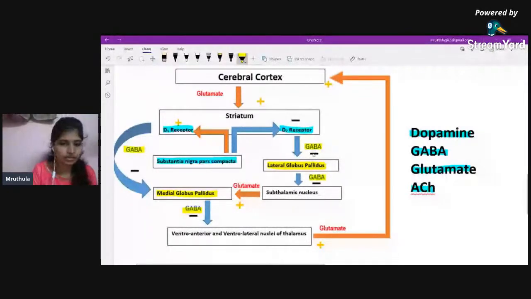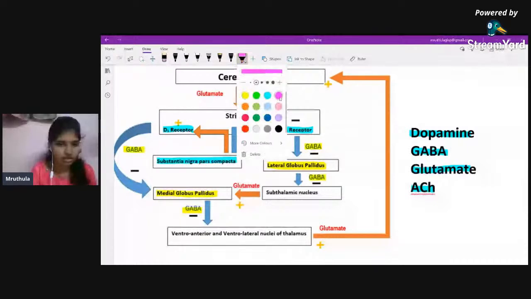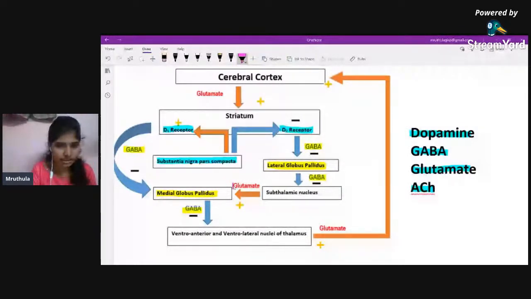Now coming to glutamate. Now you will tell me: glutamate is released by which structures? Look at the picture and tell it by yourself. I'm just highlighting the locations where you can see glutamate. Here is glutamate, here you can see the glutamate. Which are the structures releasing glutamate?